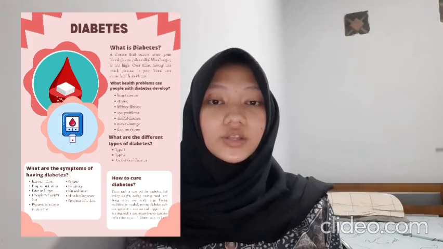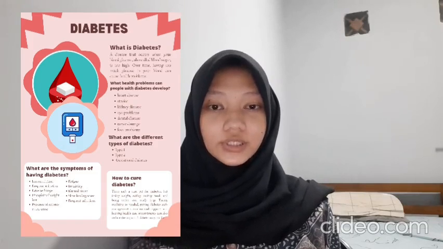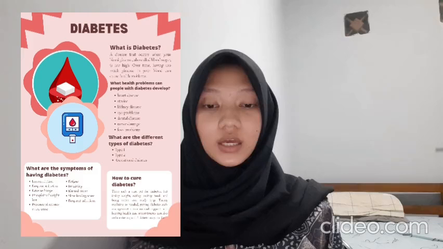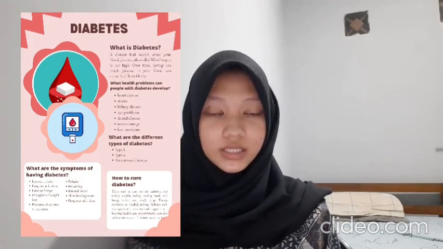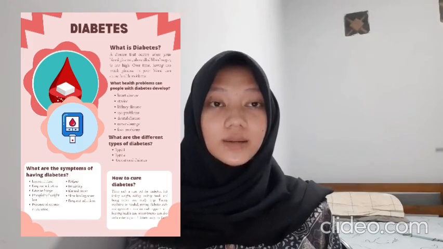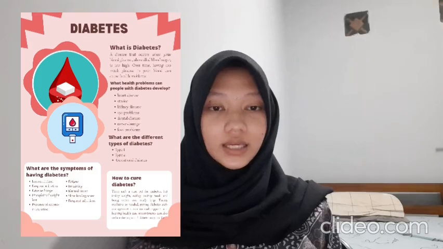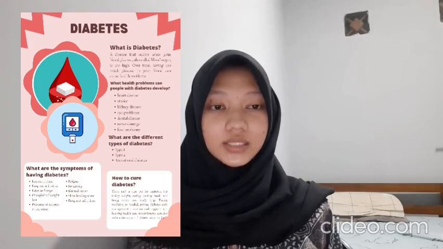There are 3 main types of diabetes. First, type 1. If the person has type 1 diabetes, his body doesn't make insulin. The immune system attacks and destroys the cells in your pancreas that make insulin.